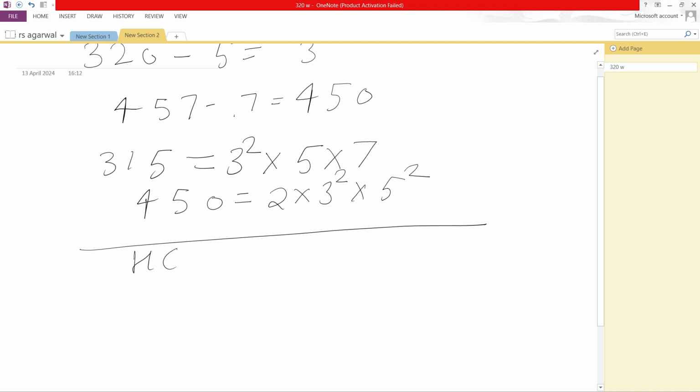Now the HCF equals 3 square into 5, equal to 45. So 45 is the largest number which divides 320 and 457, leaving remainder 5 and 7 respectively. If you want, you can verify the result: divide 320 and 457, and we will get the remainder 5 and 7.